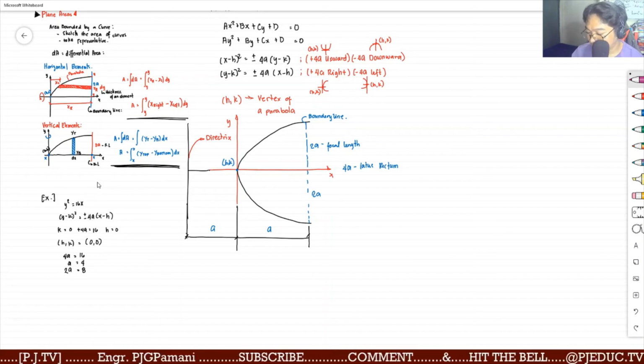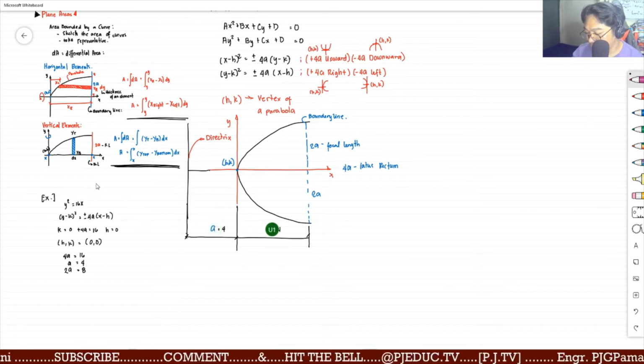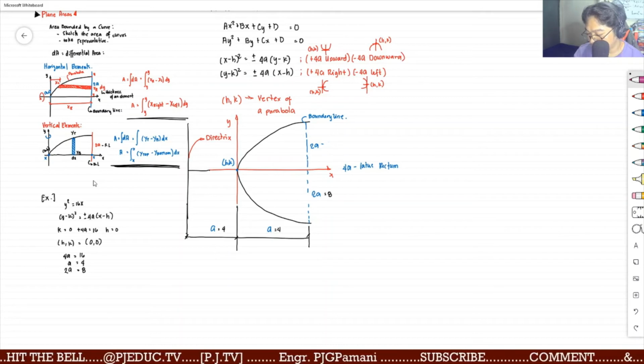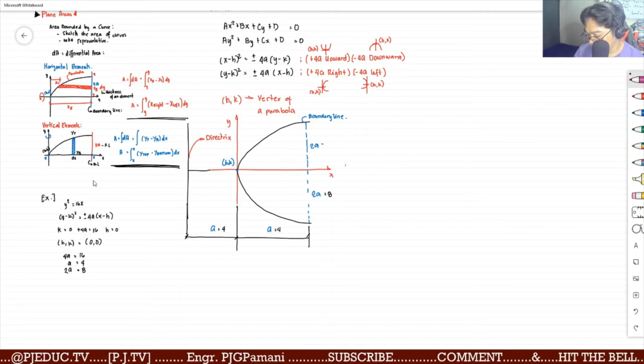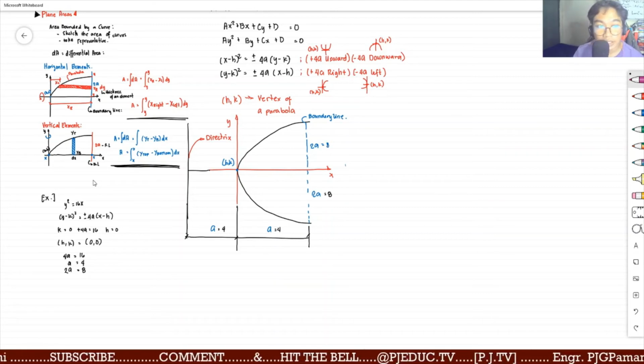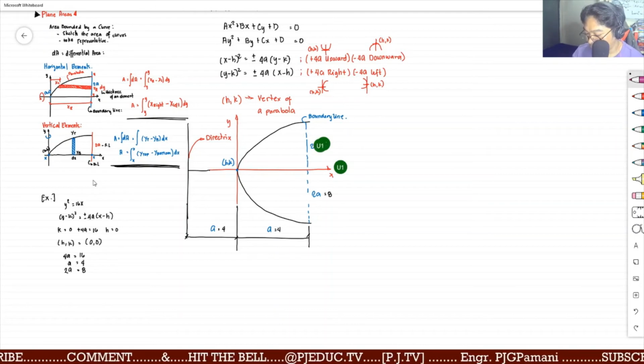Let's list our data: a is equal to 4, focal length is equal to 8, and the vertex is equal to 0.